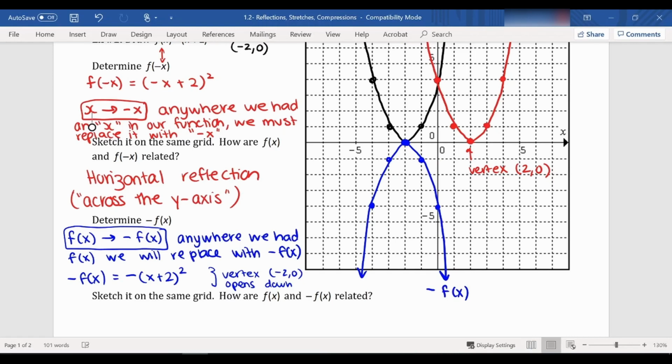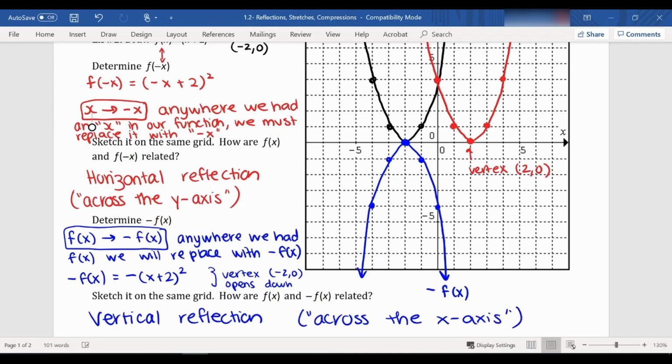So basically, if you have the negative in front of the function, this is a vertical reflection, or we can say across the x-axis. So the x-axis is acting like your mirror here.